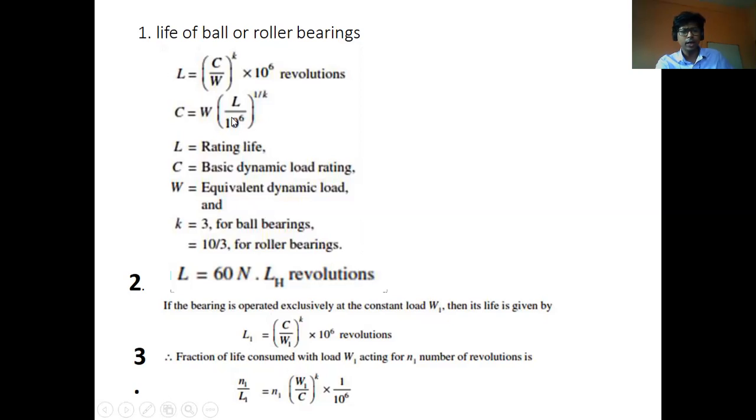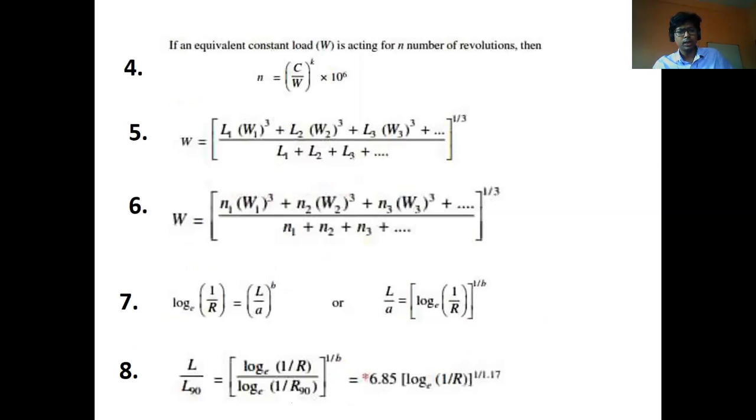One by one, these relations we will use to solve any kind of problems. Next is the equivalent constant load to find the number of revolutions.